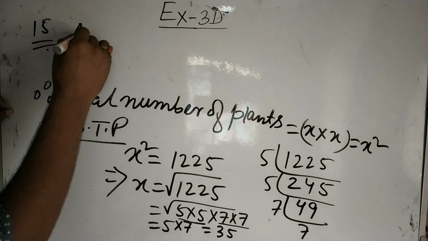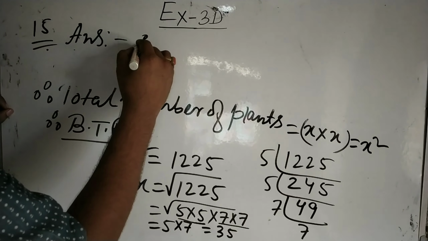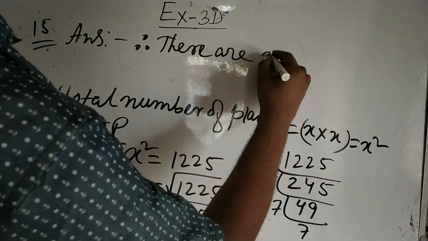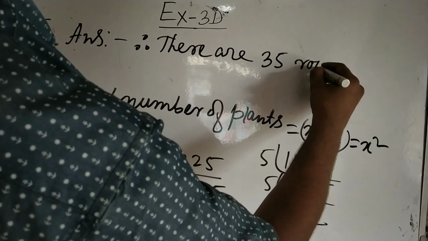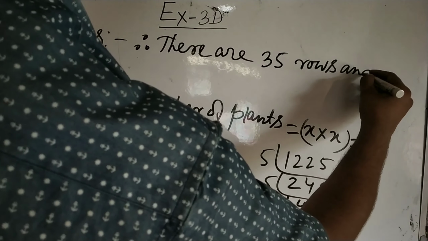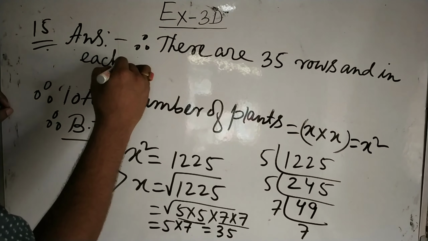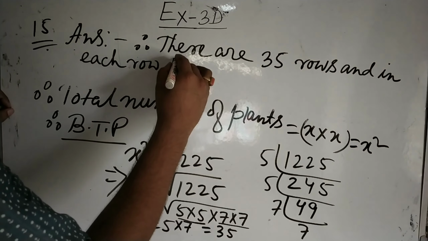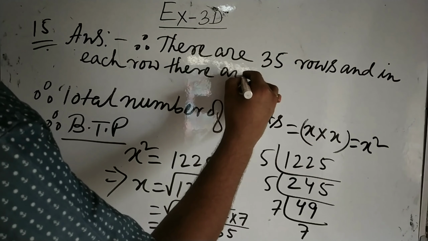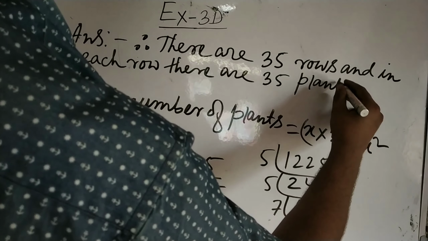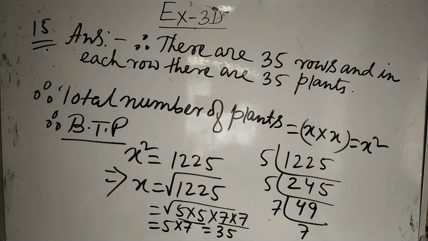Therefore, there are 35 rows and in each row there are 35 plants. Very important sum.